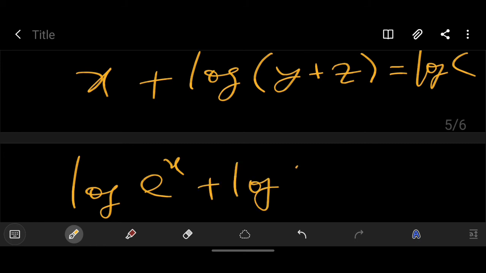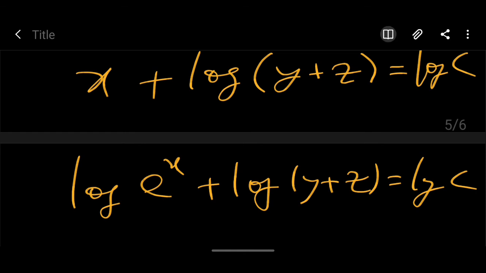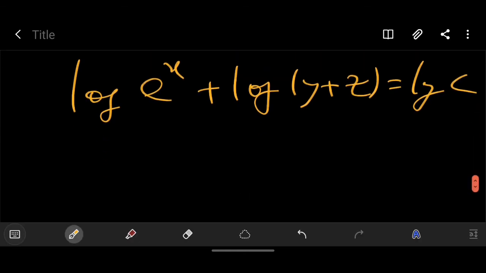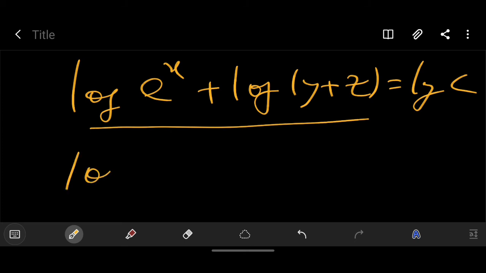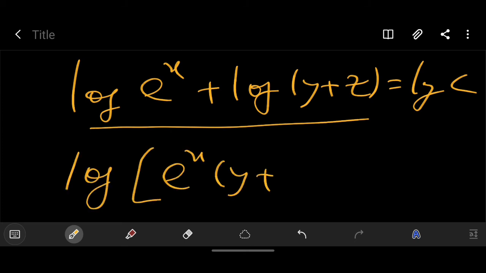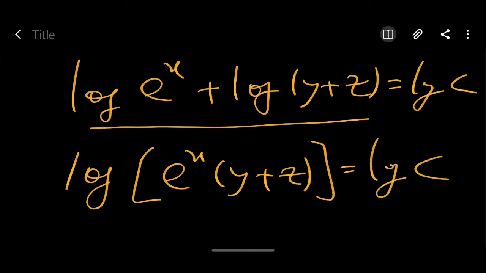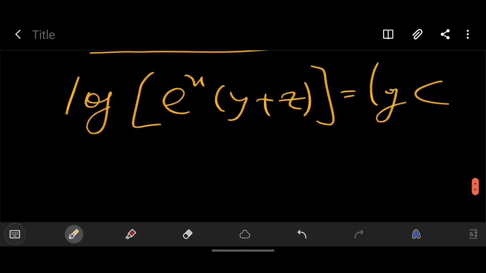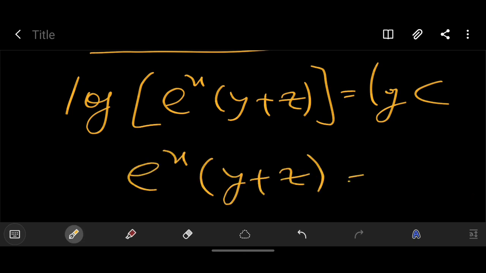So x plus log(y + z) equals log c. If you sum up the logs, you can take the product, so log of e^x (y + z) equals log c, and you can cancel out log, then we get e^x (y + z) = c. So that is our final answer.